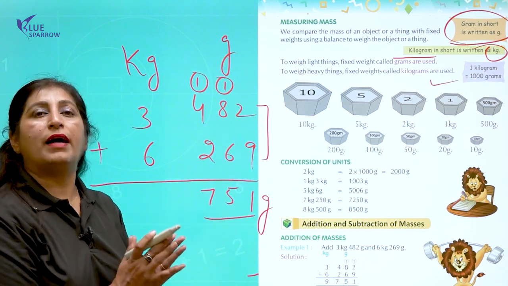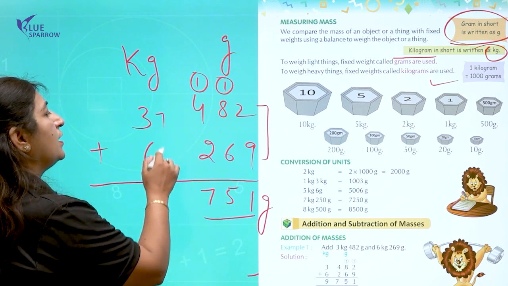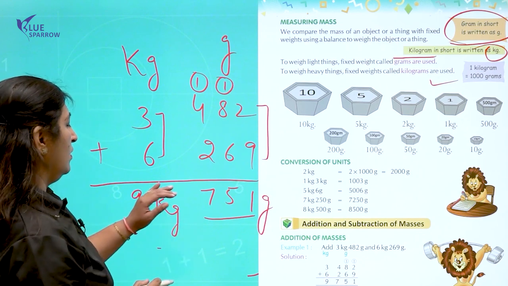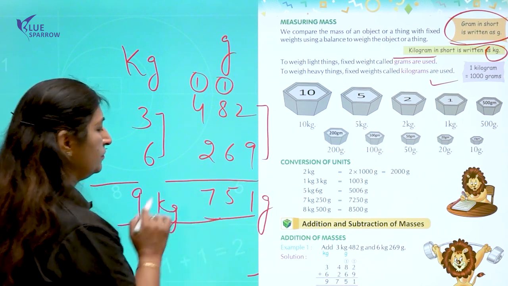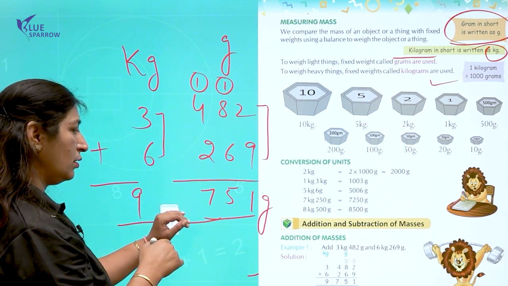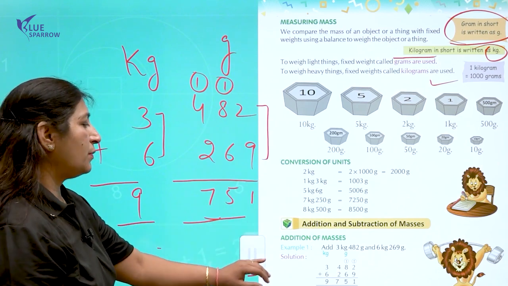Now we would perform addition in the kilogram column and here 3 and 6 give us 9. Answer was 9 under the kilo. No need to write kilogram and gram over here. Just first perform the addition.